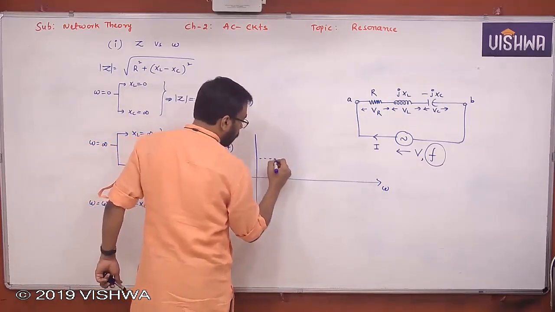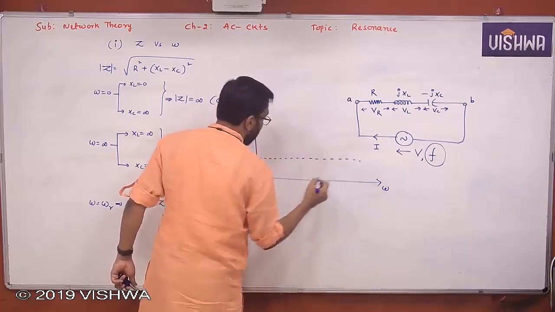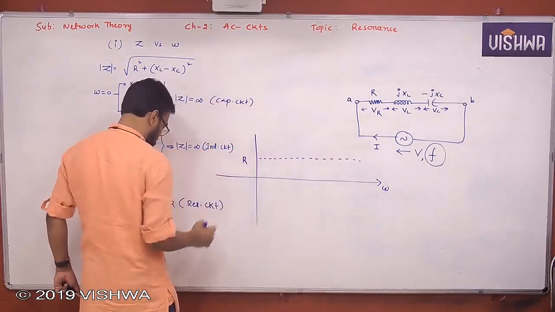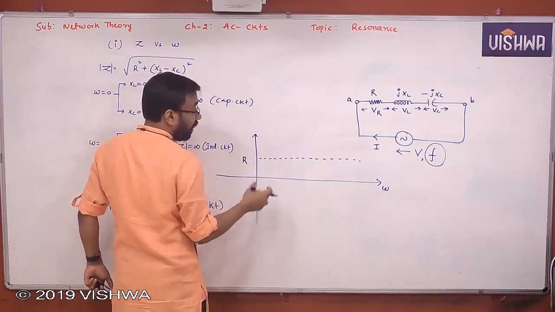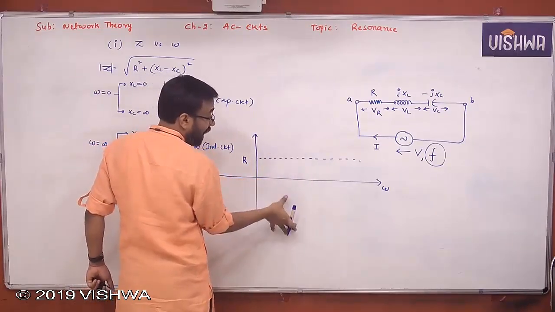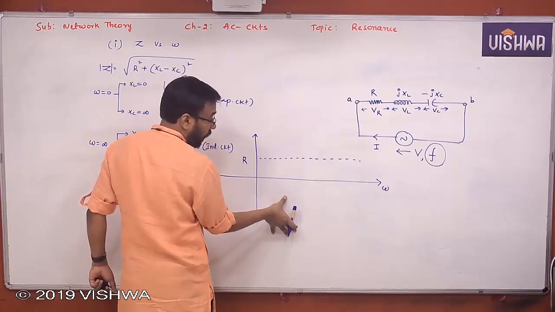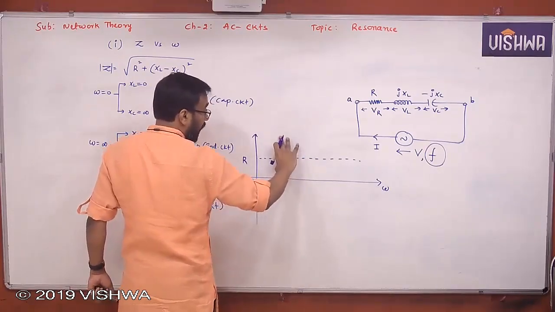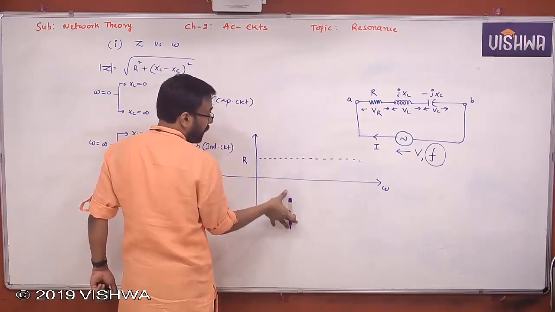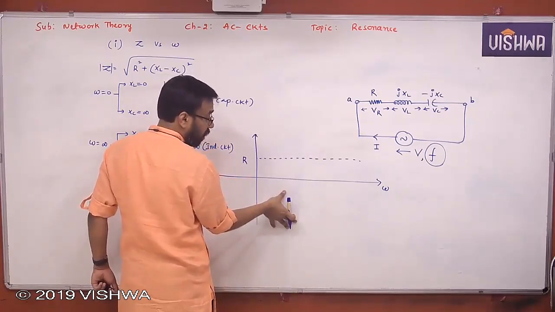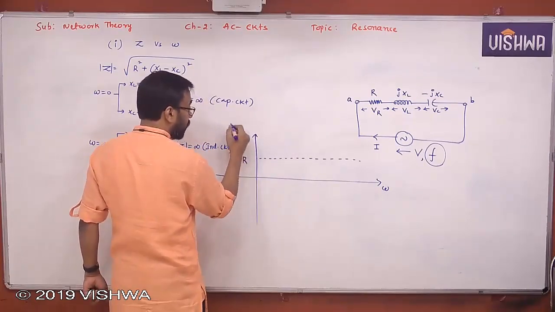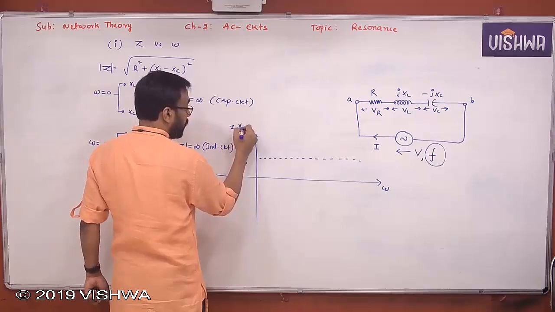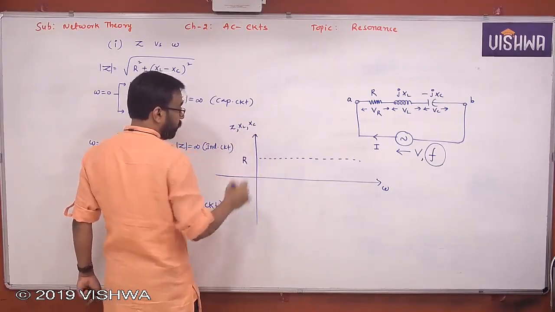This is R, because R is independent of frequency. Agree all of you? R is independent of frequency. jXL is in the first quadrant, minus jXC in the fourth quadrant. Yes or no, all of you? In the complex plane, jXL is in the first quadrant, minus jXC is in the fourth quadrant. Understand all of you? So this is inductive, this is capacitive, as far as XL, XC or impedance is concerned. So Z, XL and XC. Understand all of you? Okay.